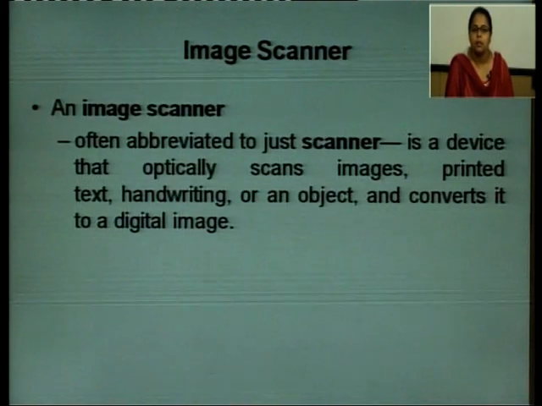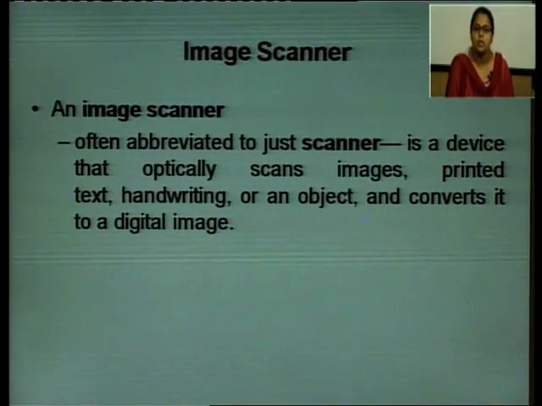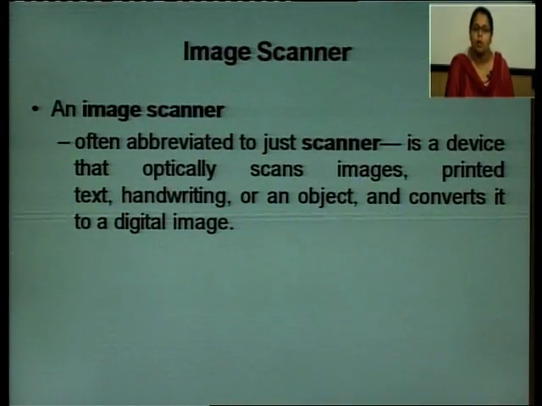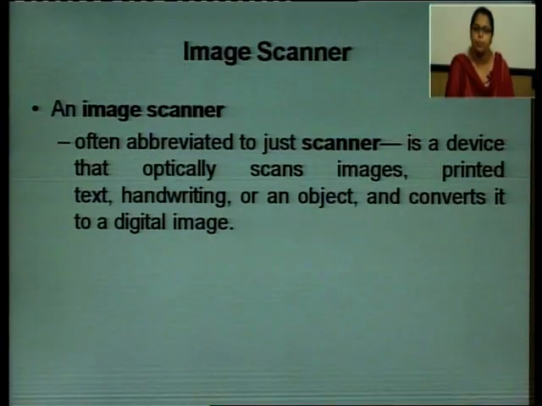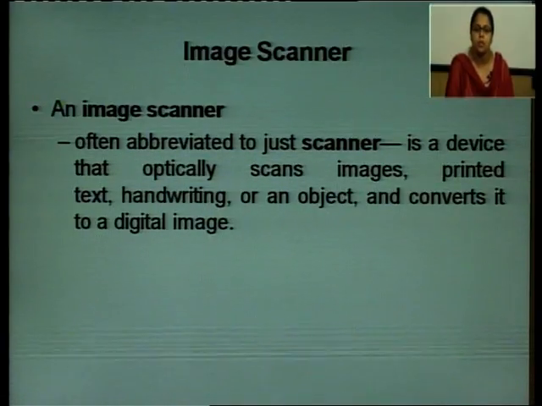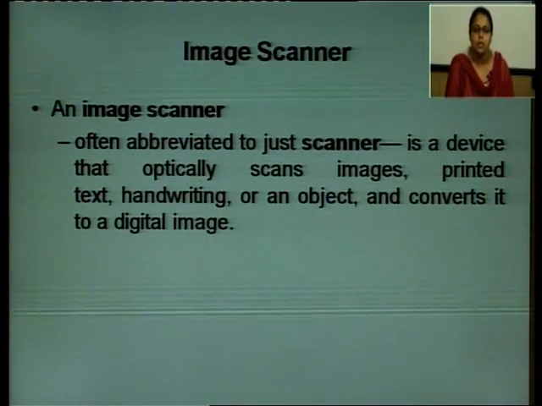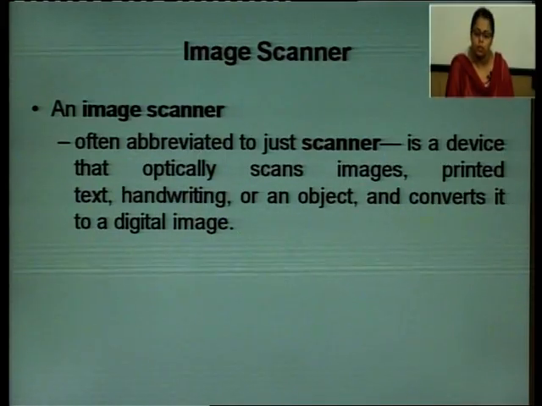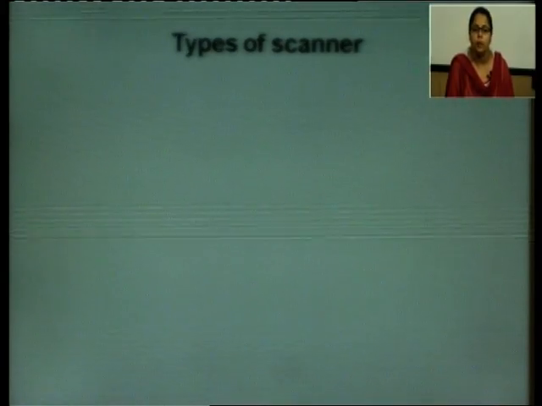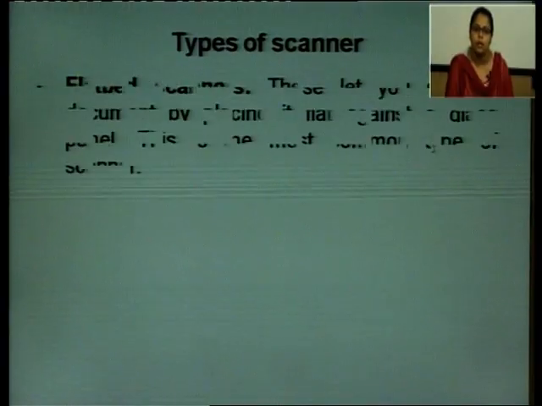An image scanner is commonly known as a scanner. It is a device that optically scans images, printed text, handwritten text or an object, and converts it to a digital image. There are various types of scanners available.